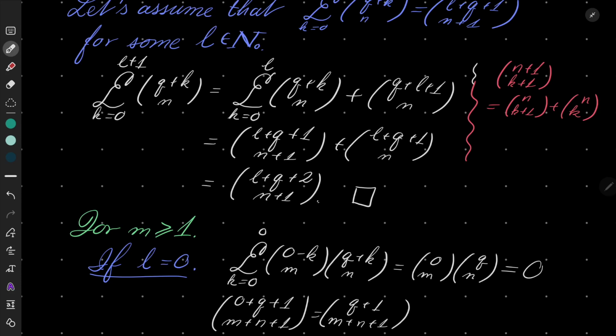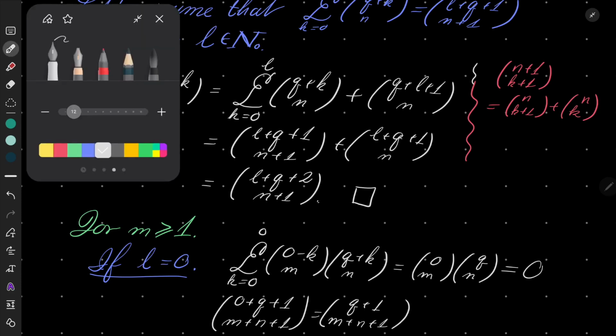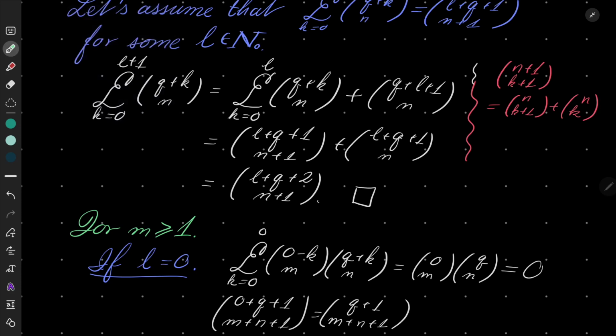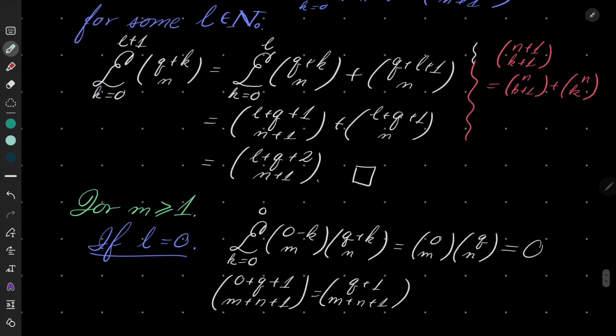And now, let's look. We know by assumption that q is less than n, and m is greater than or equal to 1. So most definitely, m plus n is strictly greater than q.